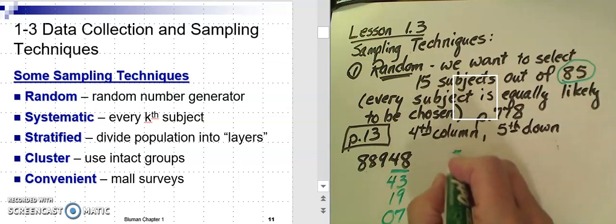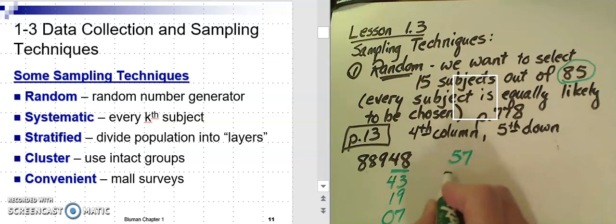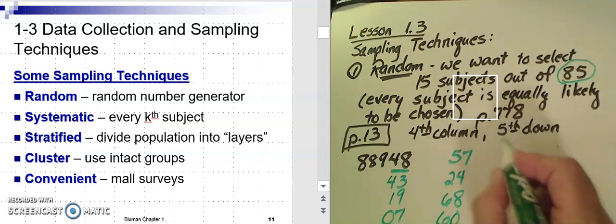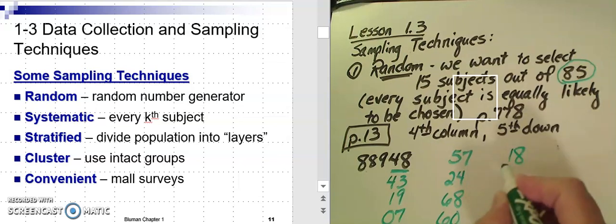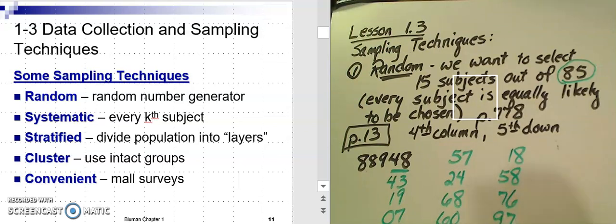Everybody follow what I'm doing? 57, 24, 68, 60, 85, 18, 58, 76, 97. Oops, I got a problem because I only have 85 subjects that I'm concerned about.